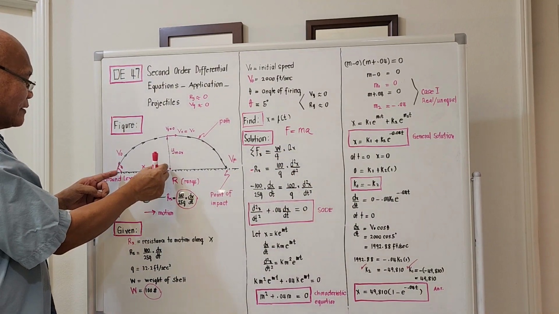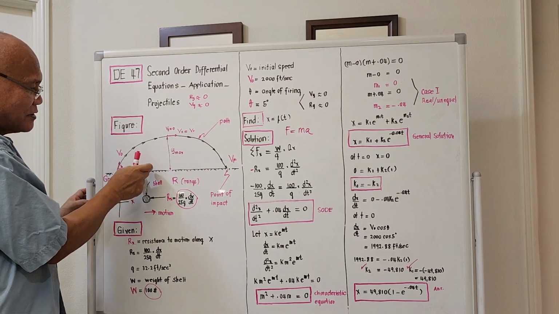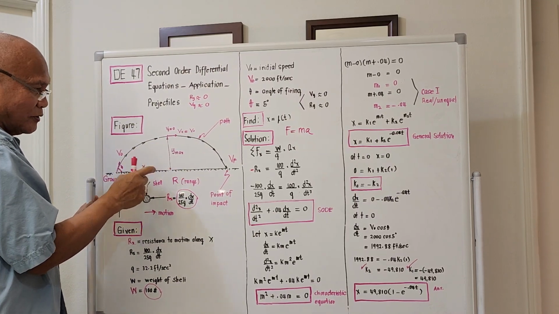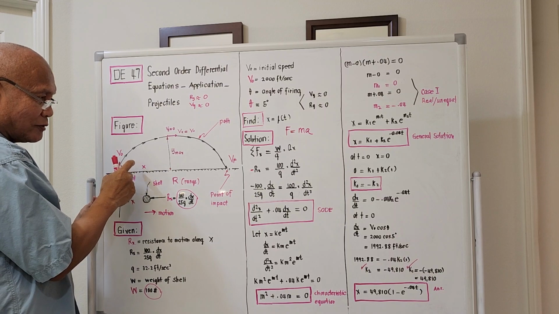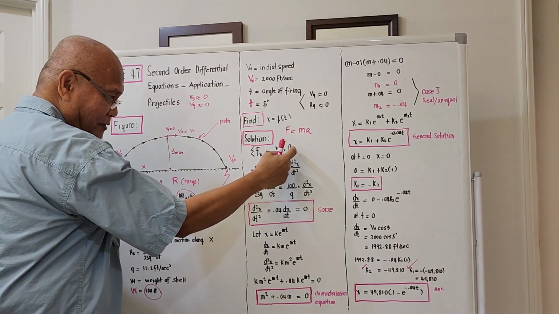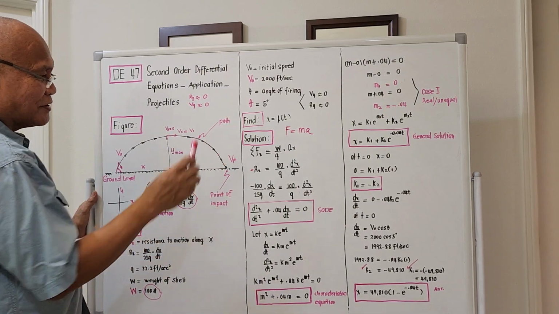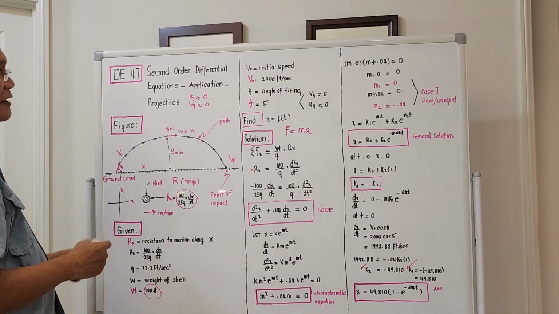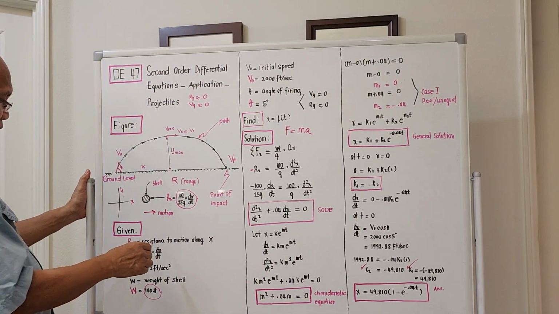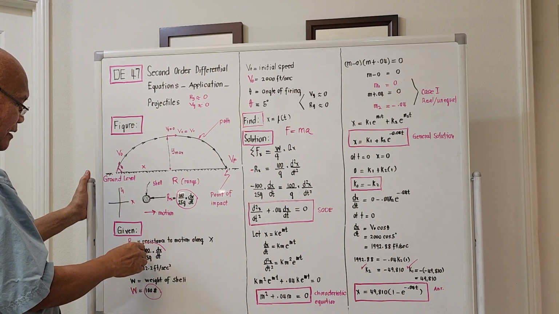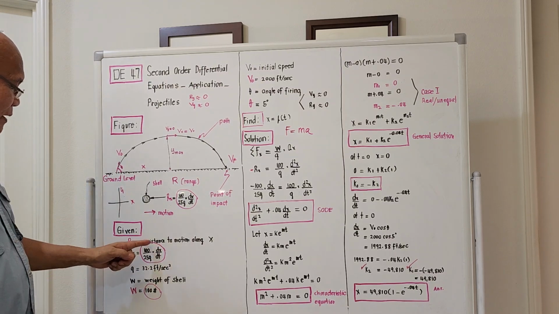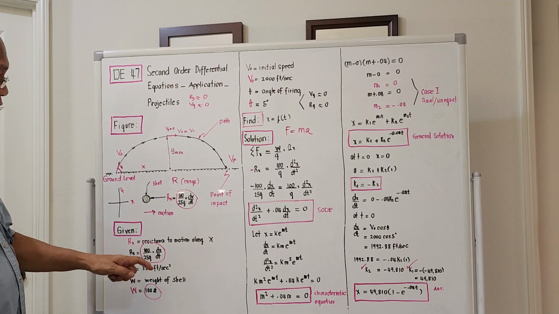At any moment in time, as the projectile flies, this x is variable, so the second derivative of x with respect to time is the acceleration along x. Okay? But what is negative Rx? Negative Rx is represented by this. Rx is given as 100 over 25G times dx/dt.